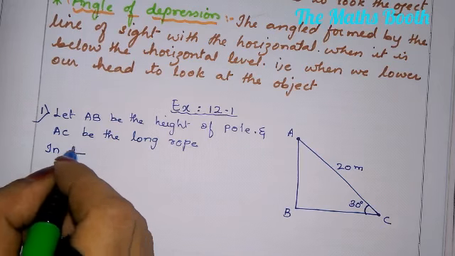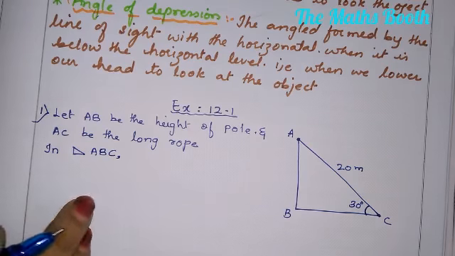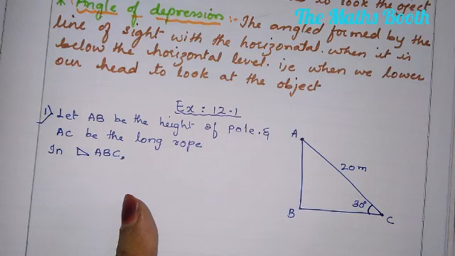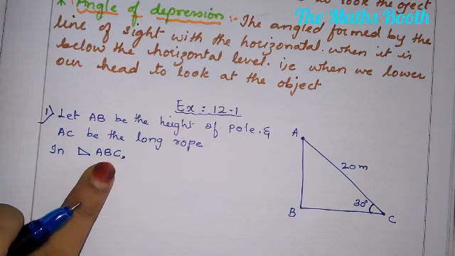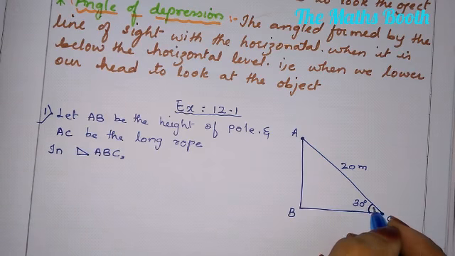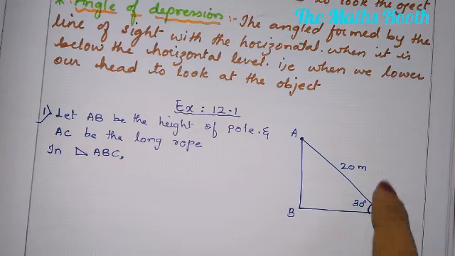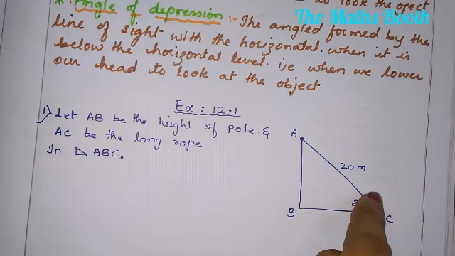In triangle ABC, in trigonometry only a right angle triangle will be utilized. So in triangle ABC, we know that theta is here, opposite is this and hypotenuse is this. The hypotenuse side is given.